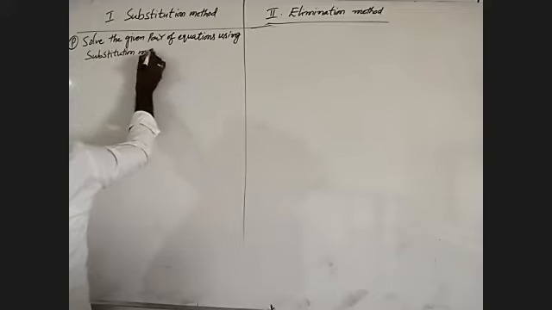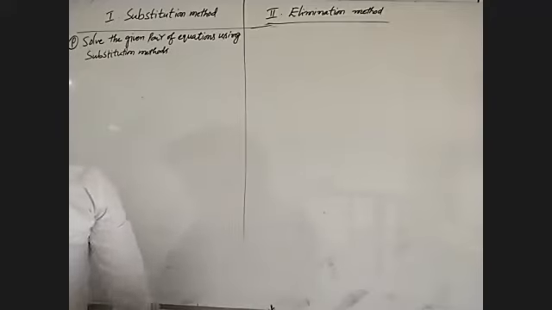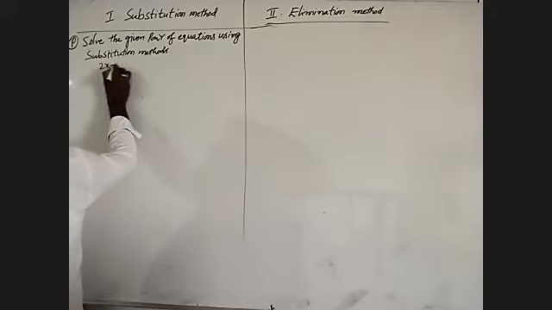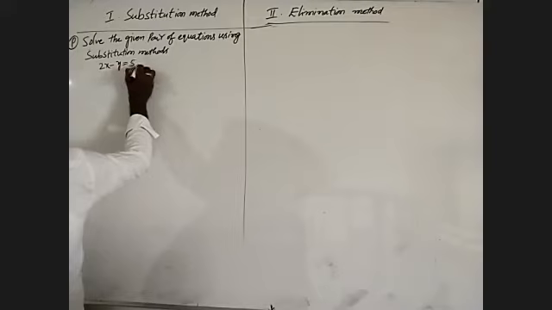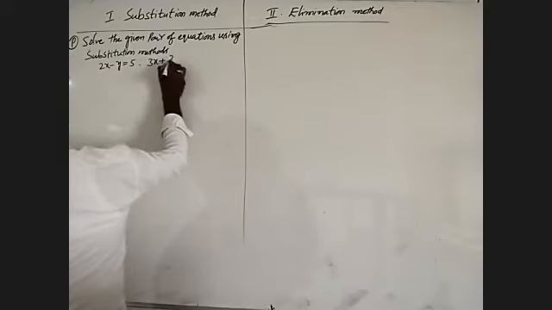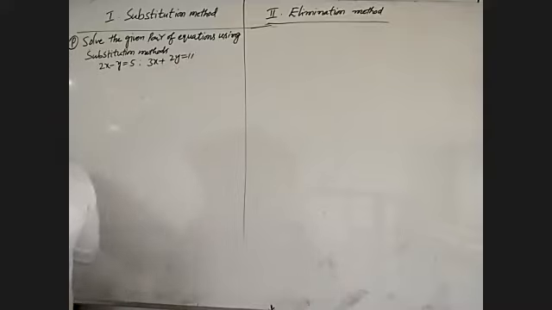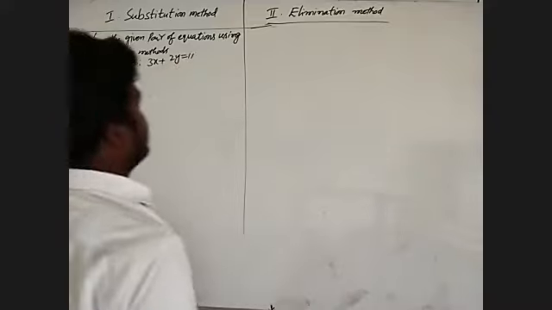The given pair of linear equations are: the first one is 2x minus y equals 5. After that, 3x plus 2y equals 11.